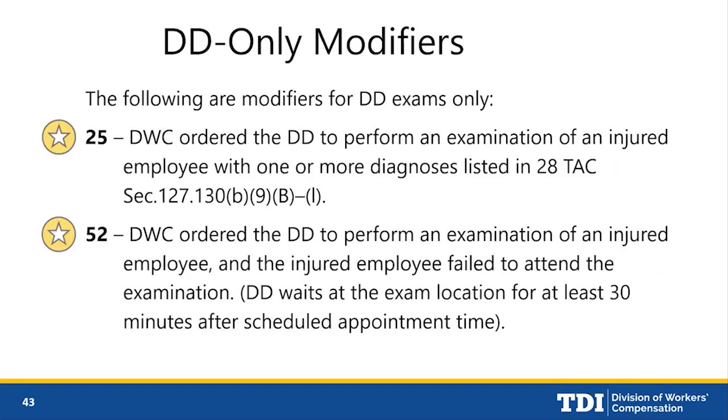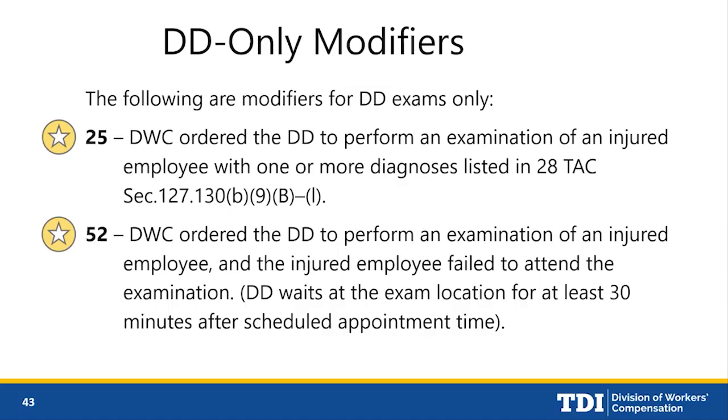So here are two additional modifiers for designated doctors. Remember, DD only. 25 would be added when you're asked to do an examination of an injured employee that has one or more of the complex diagnoses listed in Rule 127.130. For instance, maybe it's a vascular injury, traumatic brain injury, an infectious disease, or a spinal injury. 25 modifier will get the additional reimbursement of $300 for evaluating that complex condition.